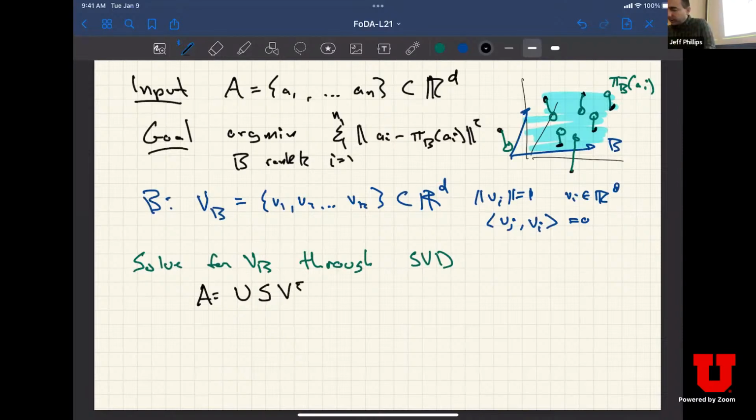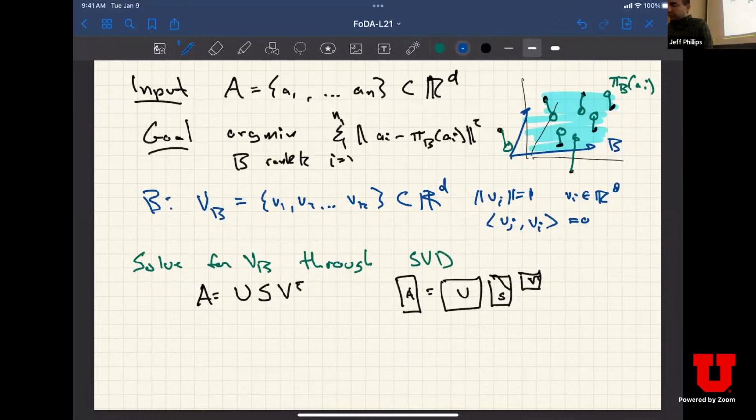Here S was going to be diagonal, and U and V are going to be orthogonal matrices.